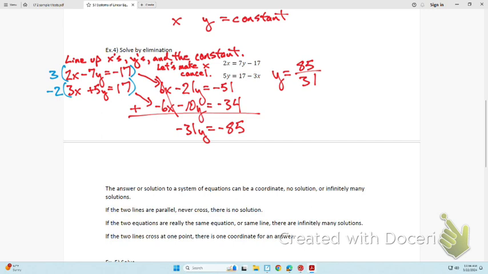All right, we have the Inspire, so we're going to use it a lot. I'm going to plug 85 over 31 into the second equation. So I'm going to rely on the Inspire on this problem.